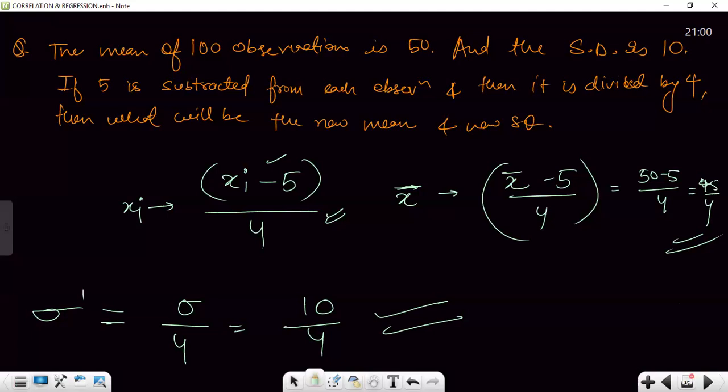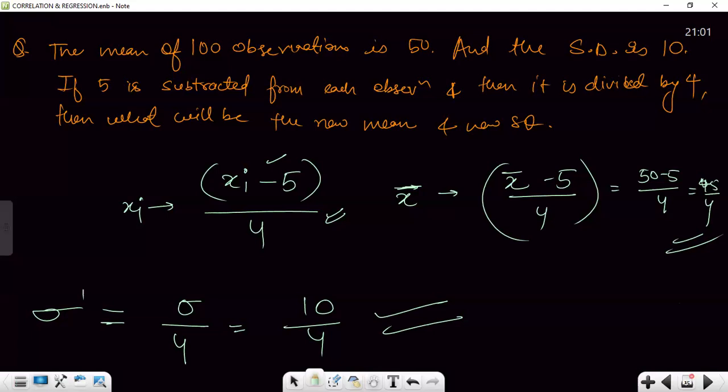You have to be very conscious and aware about this topic because there are good chances of questions arising from it. The mean is np and the variance is npq.